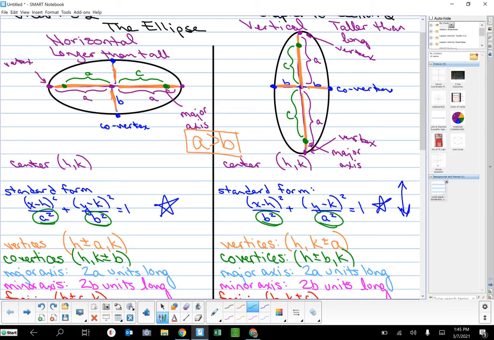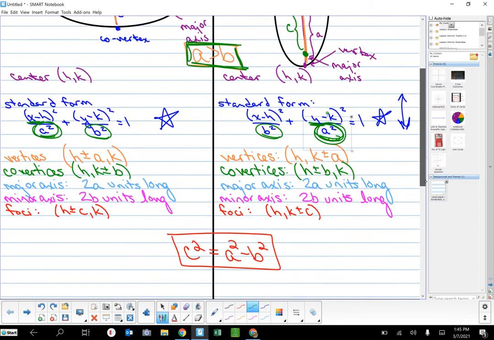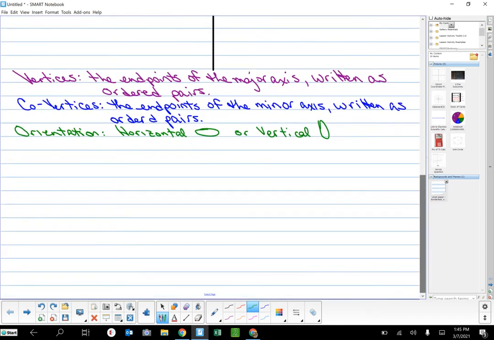So remember, if this thing is horizontal, meaning it's longer or wider, then the a goes under the x. But if this thing goes up and down like this does, then the a goes under the y. And the a is always bigger, right? a is greater than b. So that's how you know. There's a lot of information that you have to remember with these guys, so it's good that you can use your notes.